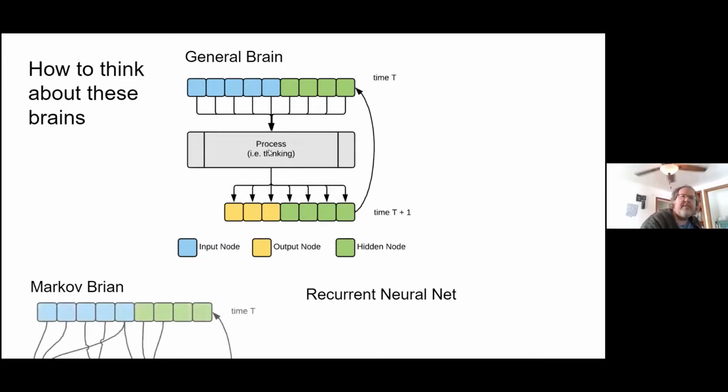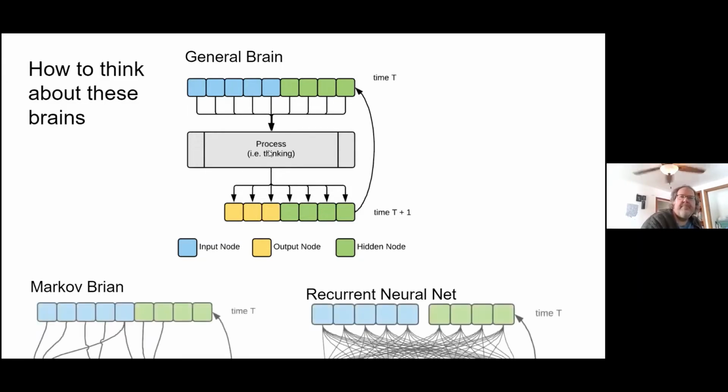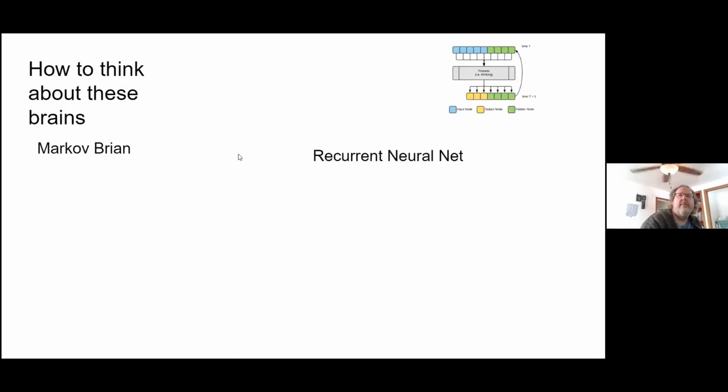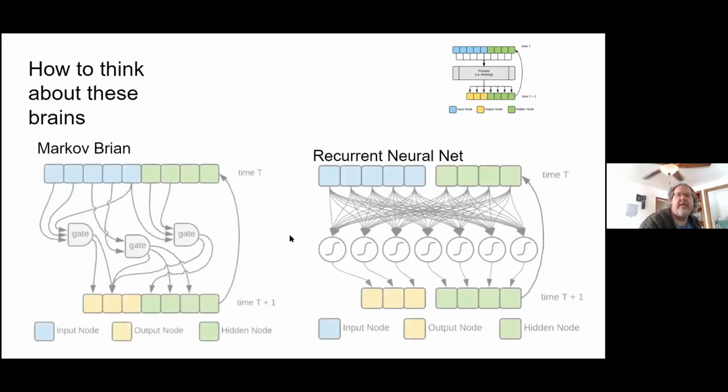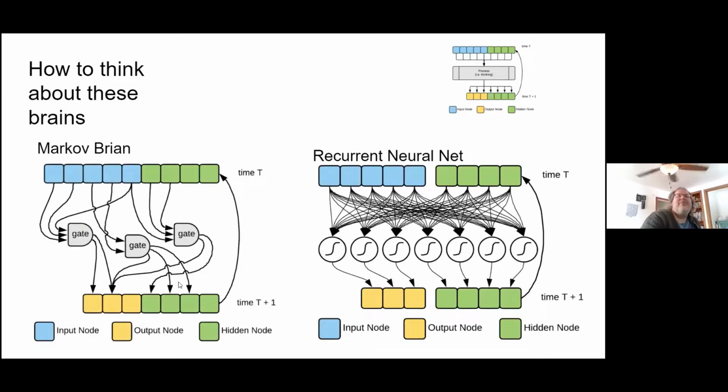And in specific, if we look at, what am I doing? Oh, I see. I tried to animate things. That was a mistake. Okay, there we go. So if we look at this, this is the same structure right here. The inputs and hidden. Here are the outputs and hidden. And this is a Markov brain. So its process, its thinking, is these parallel executed gates.